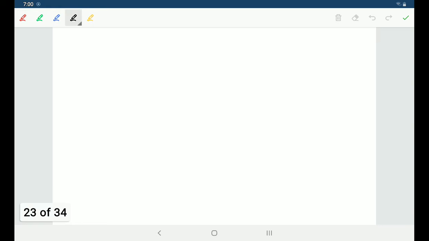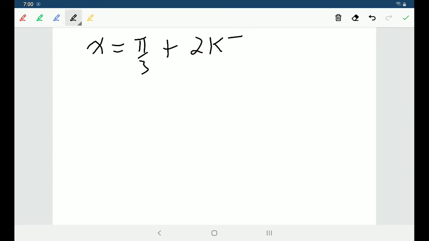Since x equal to pi over 3 was a solution, then taking pi over 3 plus any multiple of 2 pi would also be a solution. And the other one was x could have been 5 pi over 3. That was another solution that we found. And then 5 pi over 3 plus or minus any number of full circles, so plus 2k pi, that would also be a solution.